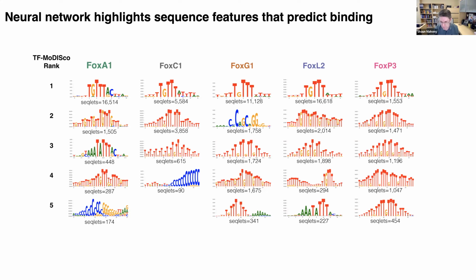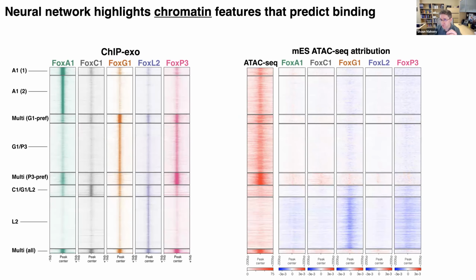What is more informative is looking at the chromatin feature attributions. So if we look at deep SHAP applied to the chromatin features, we start seeing a more interesting pattern. For example, here's the ATAC-seq from mouse embryonic stem cells at these sites that are bound in these various combinations. You can see some sites are accessible in the pre-existing mouse embryonic stem cells, and some sites are not accessible. And that in itself is a differential contributor to the predictions of these neural networks.